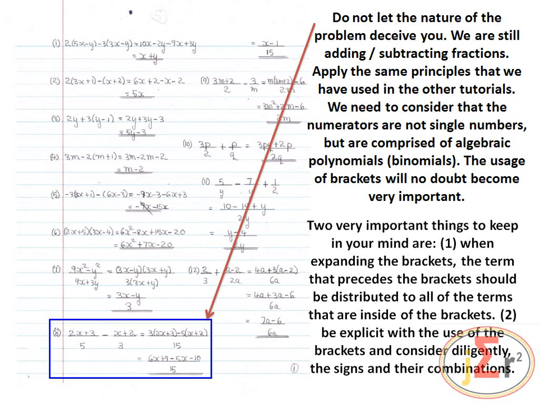But we have other things to do that we have done before, like the combination of like terms and also the expansion of brackets. So let us go and perform our duty, keeping in mind all of what we need to do, and we will not treat any with any less level of seriousness than the other.